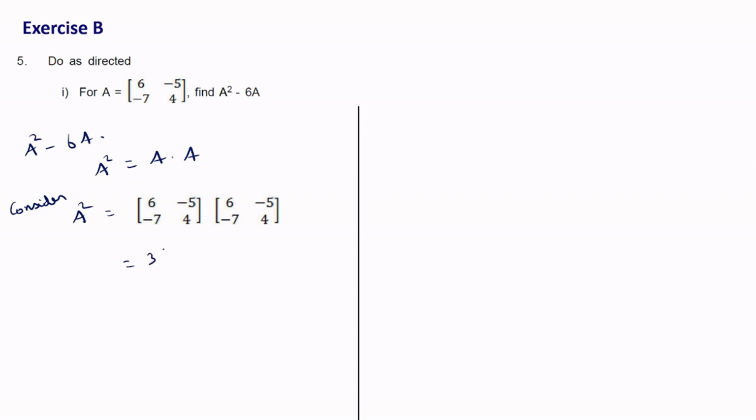So this is 36 plus 35, then minus 30 minus 20, then minus 42 minus 28, then 35 plus 16. So when we simplify, we get it as 71, minus 50, minus 70 and 51.